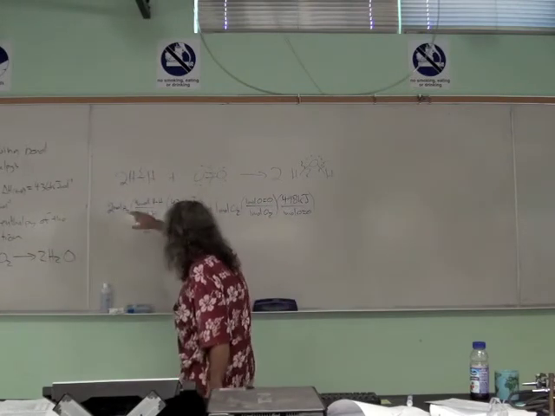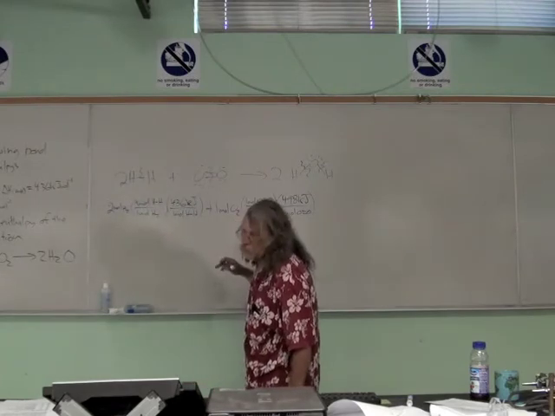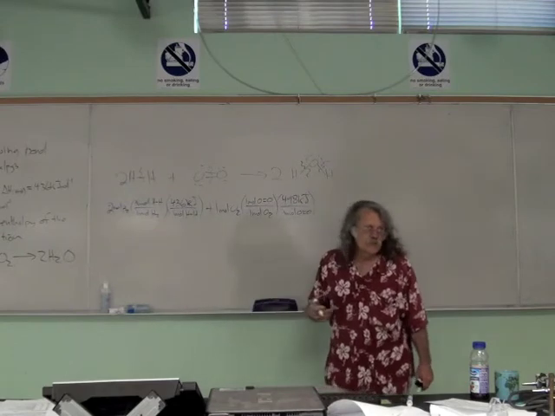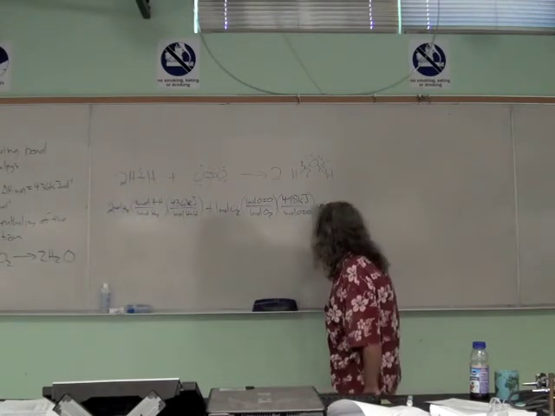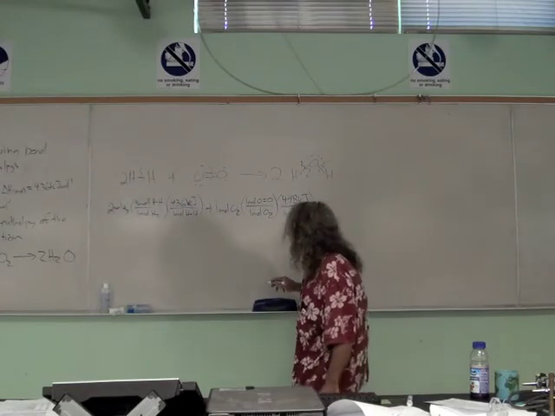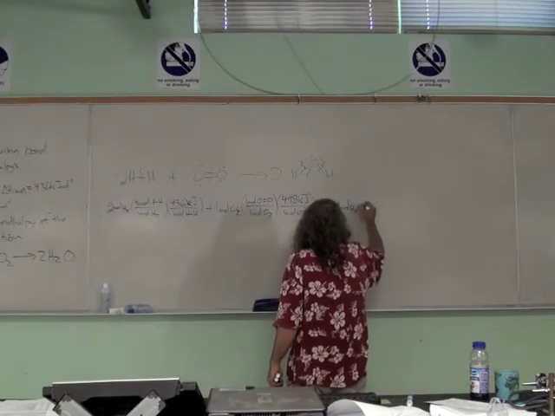Okay, now that takes care of all the bonds I have to break. Now I'm going to deal with the ones I'm making. So it's going to have a negative sign. It's an exothermic process. So minus, and then I have 2 moles of H2O.